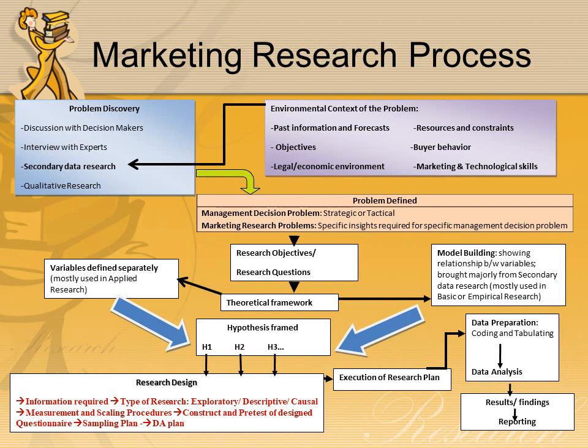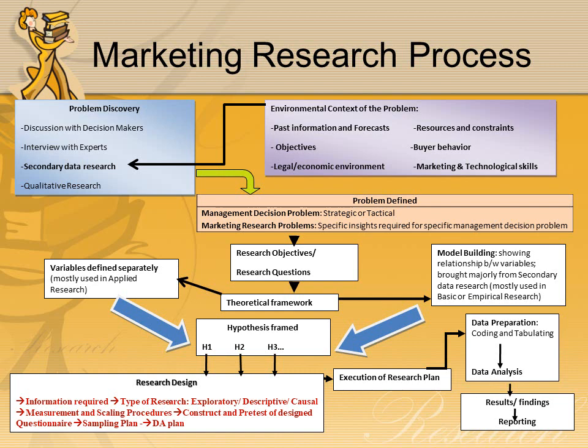The possible environmental sources from where you can seek problem definition are past information and forecasts, objectives, legal or economic environment, resources and constraints, buying behavior of the customers, and marketing and technological skills.